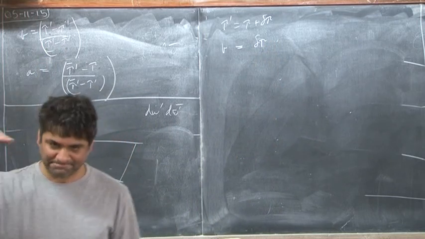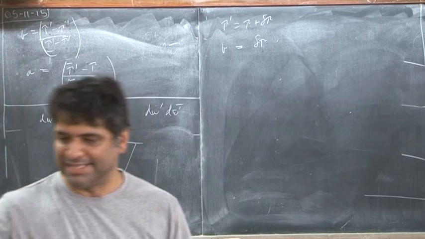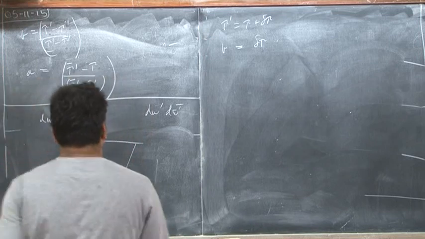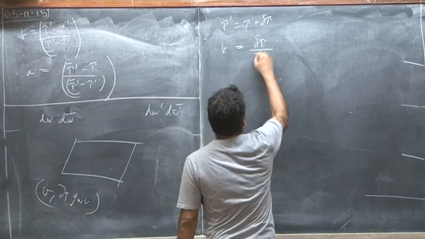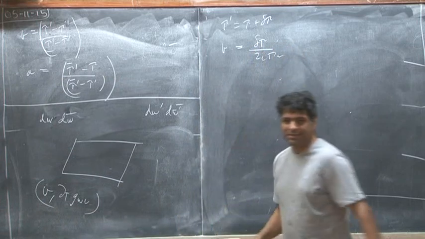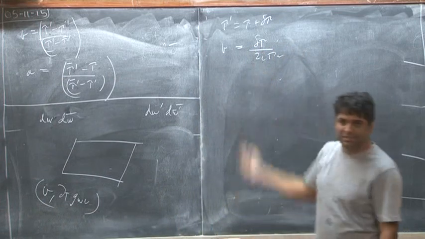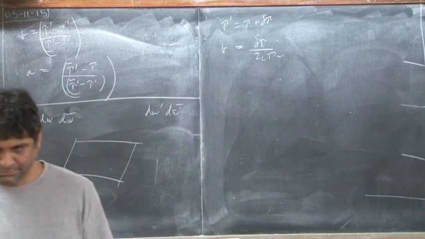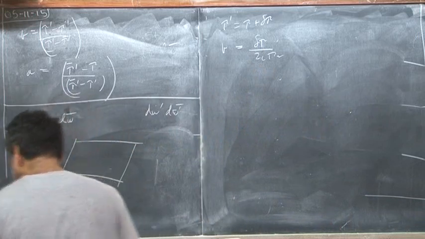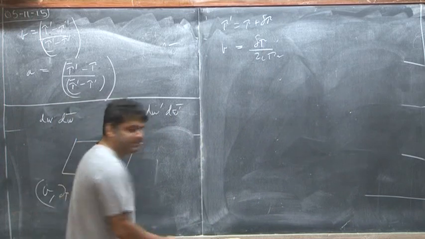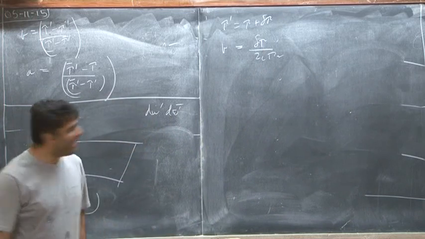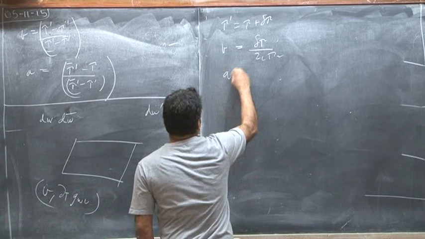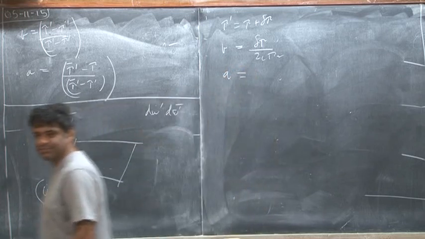Tau is tau 1 plus i tau 2. We've already got an infinitesimal, so the difference between tau 2 and tau 2 plus delta tau 2 makes no difference. Is this clear? Okay. And A is equal to, well, we'd like to complete this.